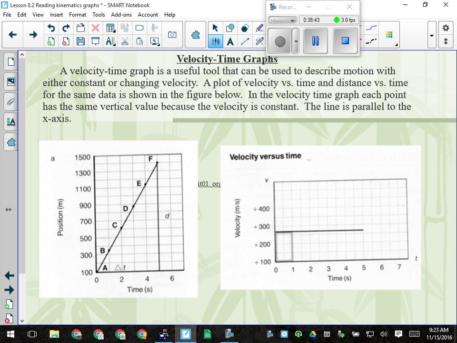So y minus b over x is going to be 1400 meters minus 100 meters over 5 seconds. 1300 over 5 should be 260, right? Okay, so they're showing the same movement. They're showing an object traveling at 260 meters per second.